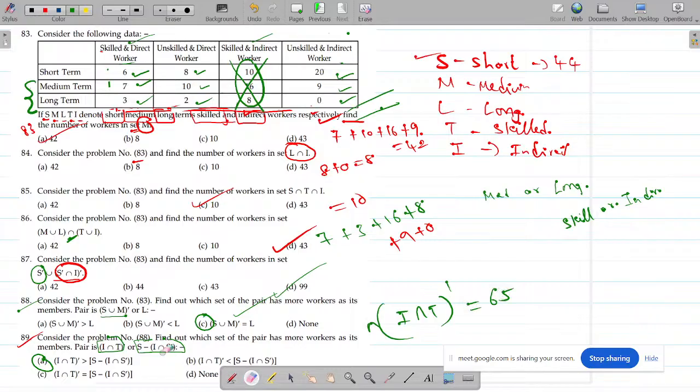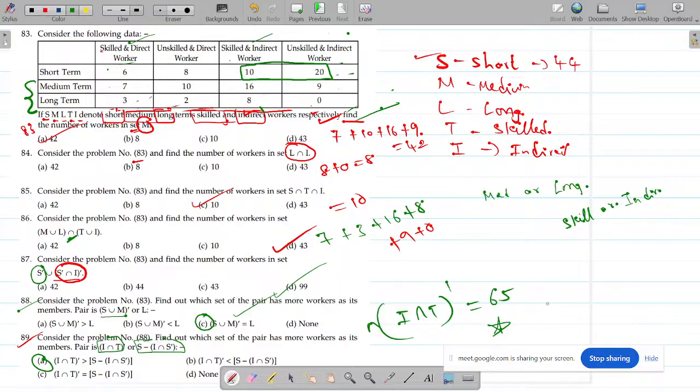Okay, shall I continue? Next, go for the next content: S minus (I intersection S')'. So I is indirect, S is short term. Indirect and short term is this one. Okay, I am going to take dash. Please focus here. If I have union and intersection, I can directly work out.